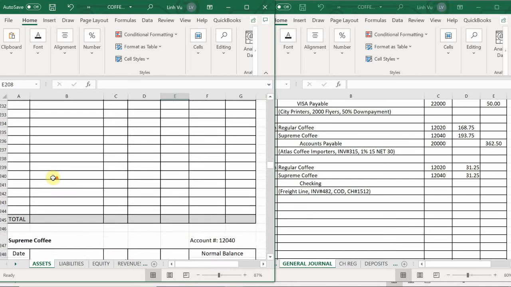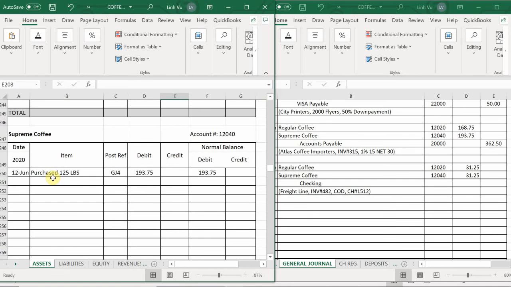So I'm actually going to do the same exact thing for my Supreme coffee. I'm going to go ahead and enter the date. Once again, this is freight cost, General Journal number 4, and for the same amount of $31.25. In this case, my running balance formula is going to be the same: previous, up 1, plus left 2, minus left 1, or add your debits, subtract your credits.